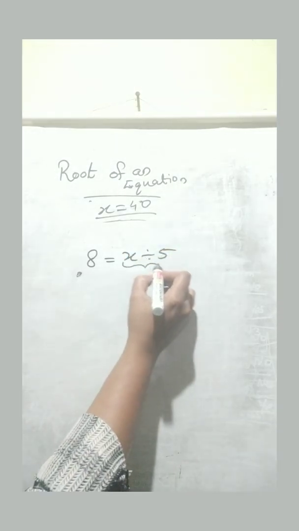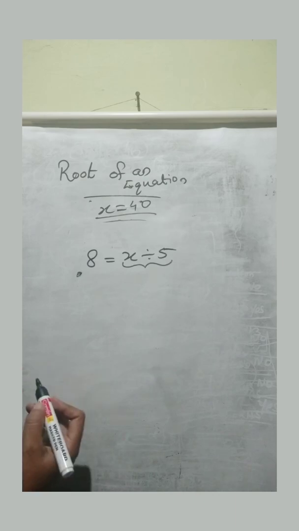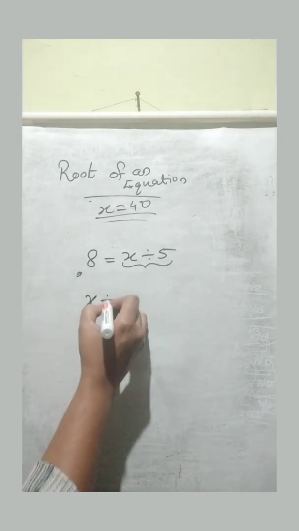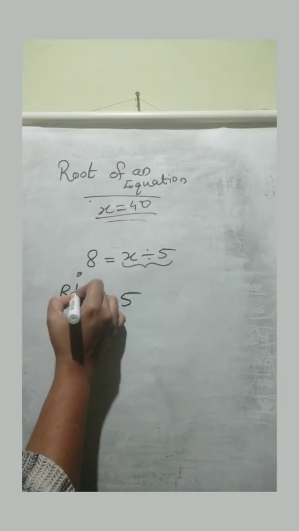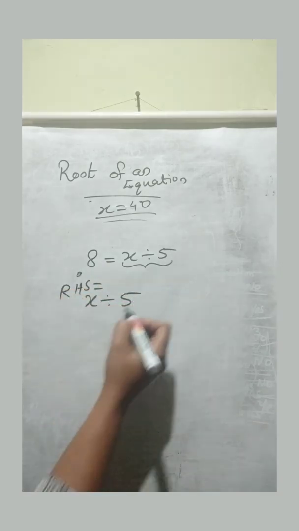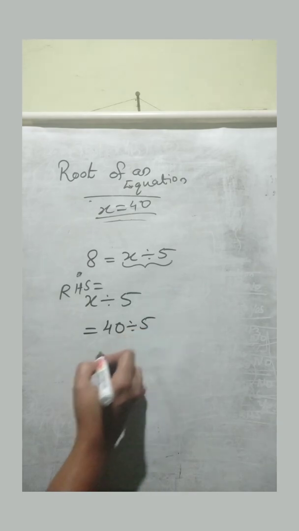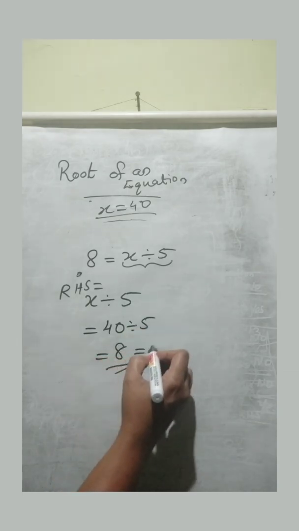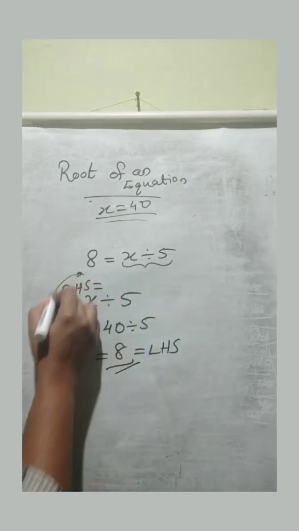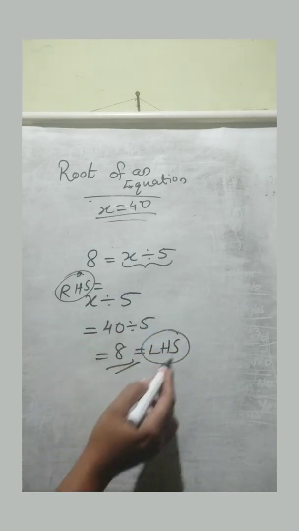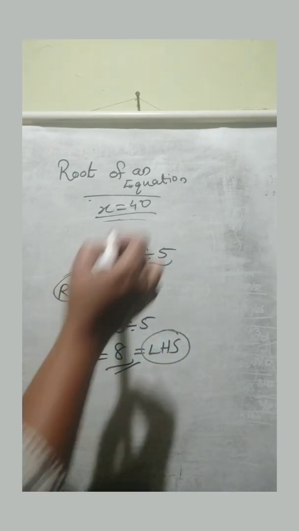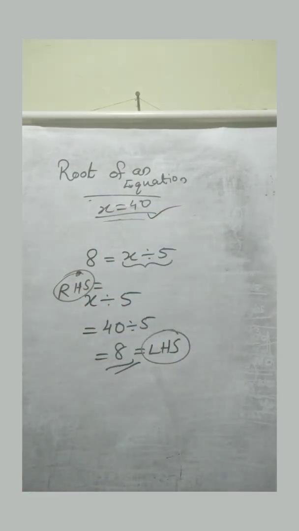Now x is in the RHS, so we write RHS is equal to x divided by 5, which is equal to 40 divided by 5, is equal to 8. We got the LHS. So both are equal to each other. Now we can say 40 is the root of this given equation.